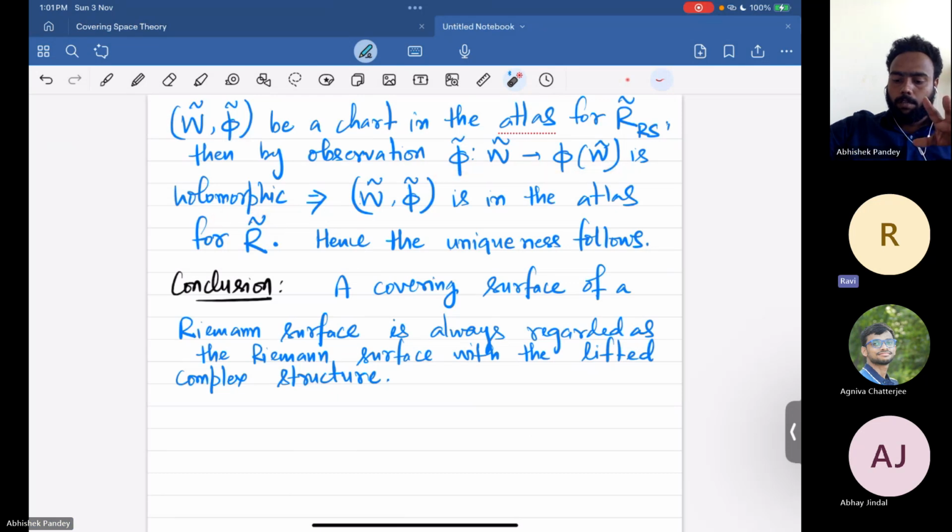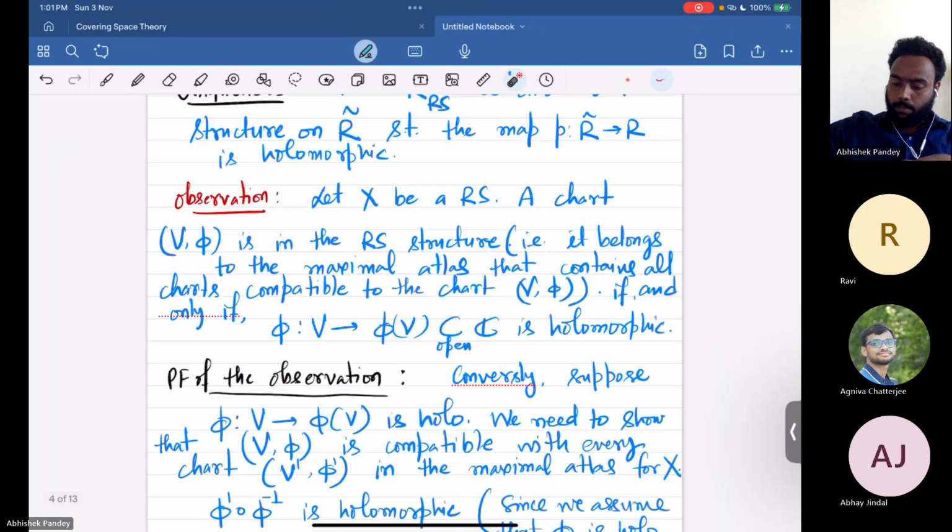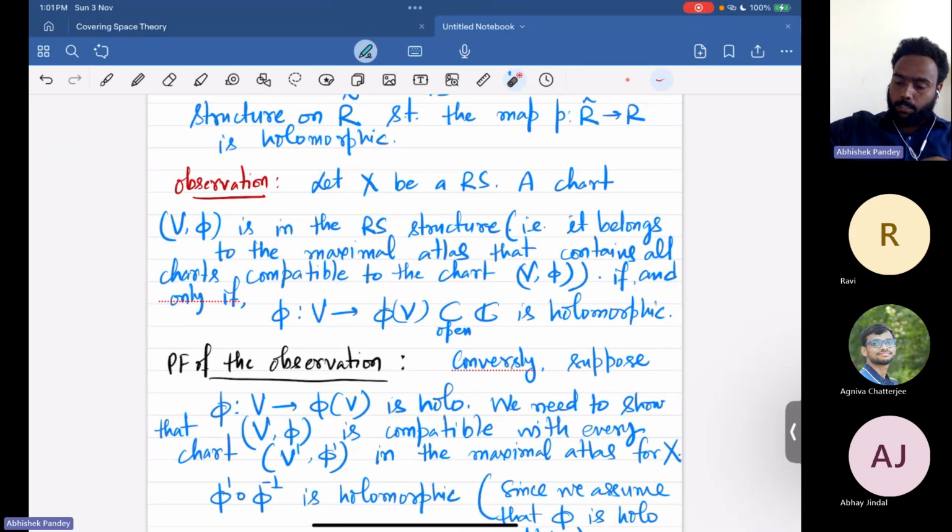Now with respect to the new chart, if this is holomorphic, then by the observation, this is if and only if. So if this is holomorphic, it will go into the Riemann surface structure, meaning in the maximal atlas.